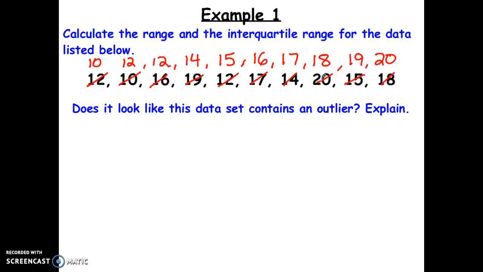So definitely cross your numbers out as you go, that way you can make sure that you include every number.